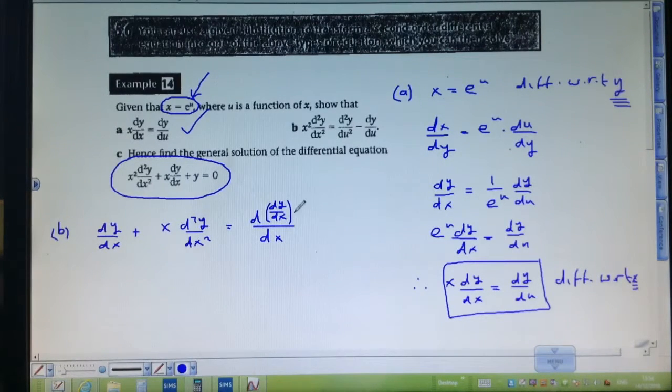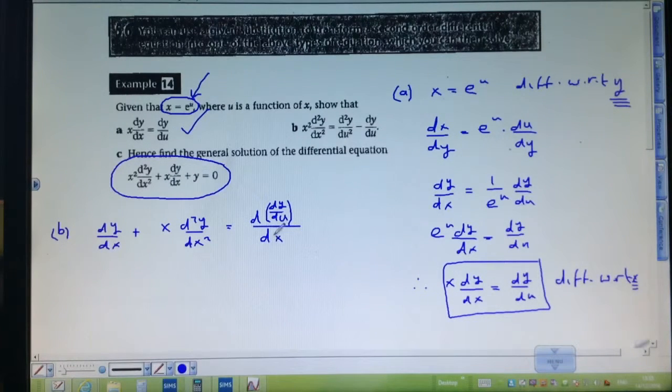Okay, and we can't do that. Sorry, dy by du is inside there, and we're trying to differentiate that with respect to x. You can't, because the independent variable is u. That's not possible.